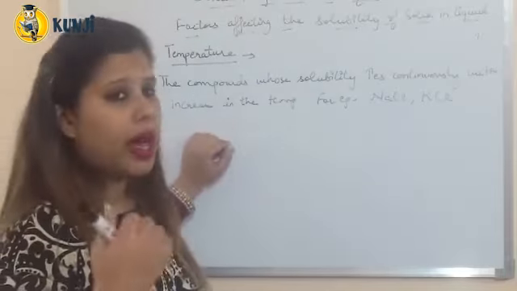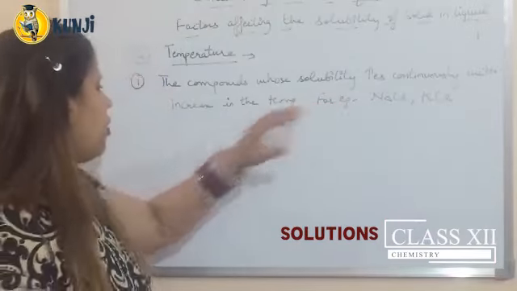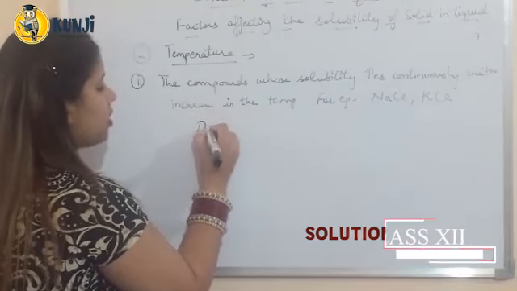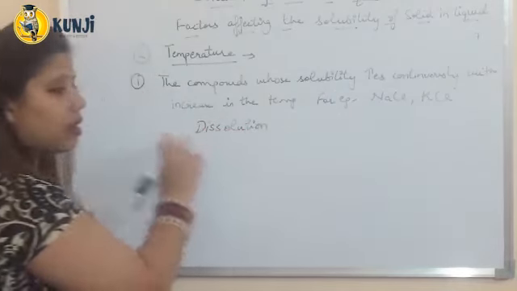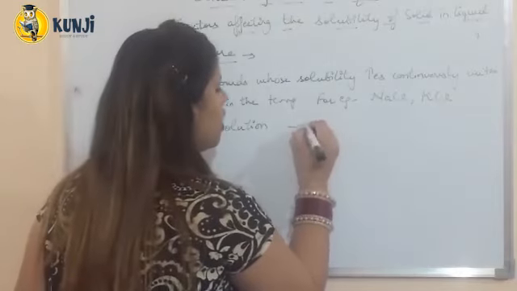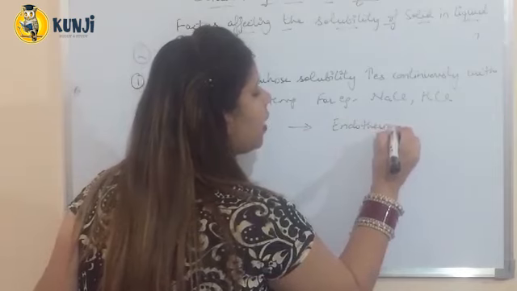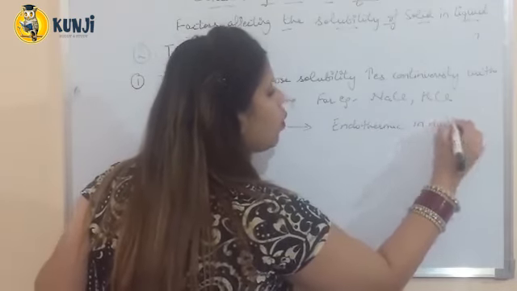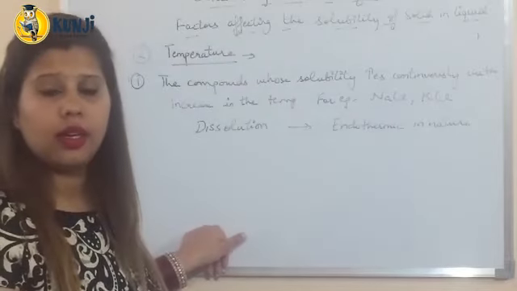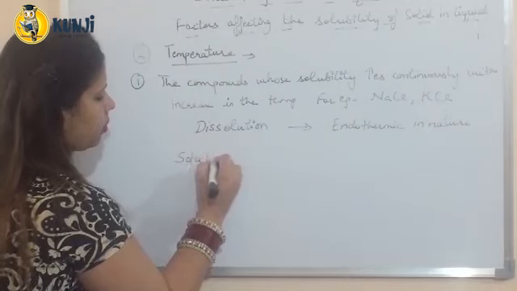That is why the maximum compounds come under this category. Now the question arises, why? The reason is its dissolution process was found to be endothermic in nature. How can we describe this?